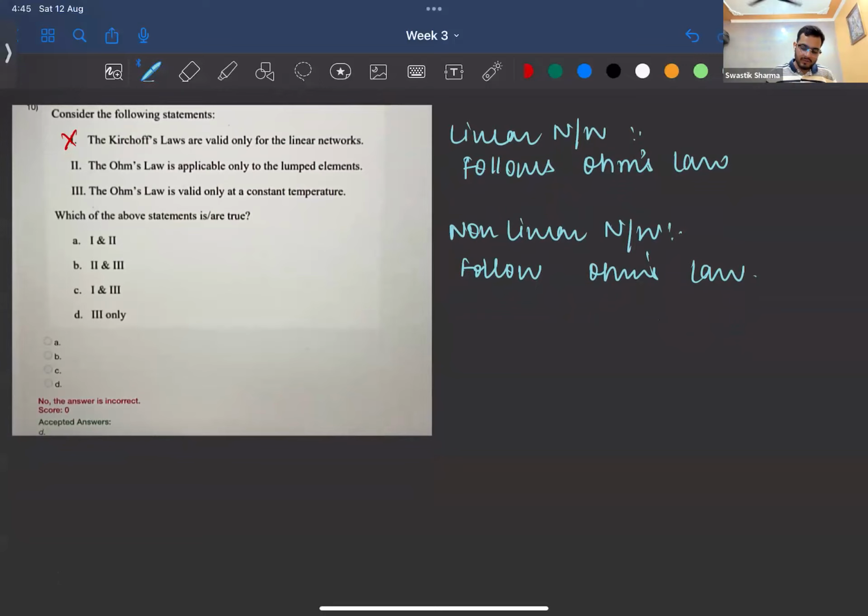Second, they've written that Ohm's law is applicable only to lumped elements. So one is lumped and the other is distributed elements.